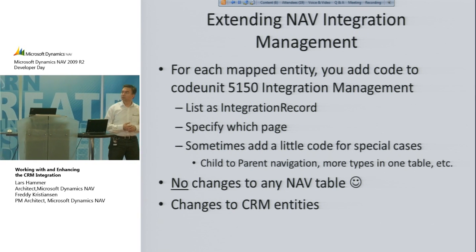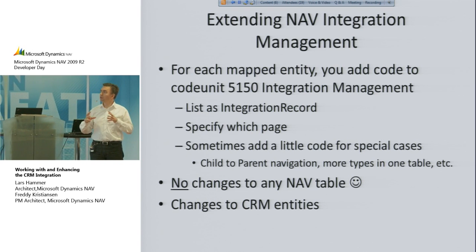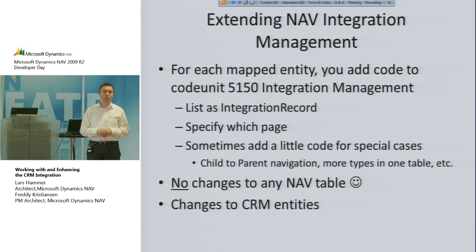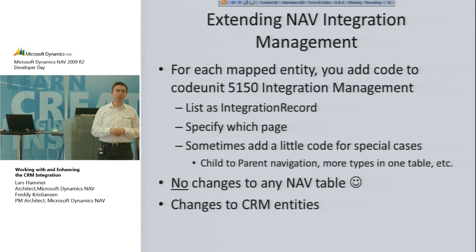Inside of NAV, there's a couple of things that you have to do in that codeunit for integration management if you are adding new entities. If you're just adding fields to existing entities, you don't need to change this. But if you are adding new entities, you have to enlist as an integration record or potentially as an integration child.